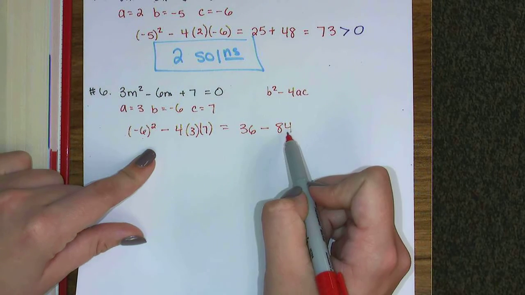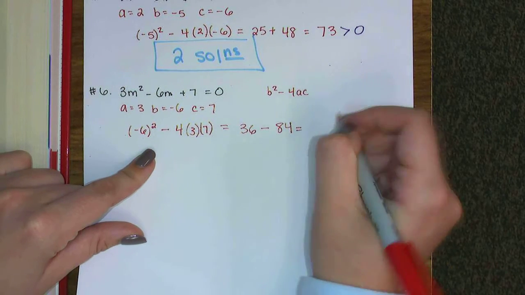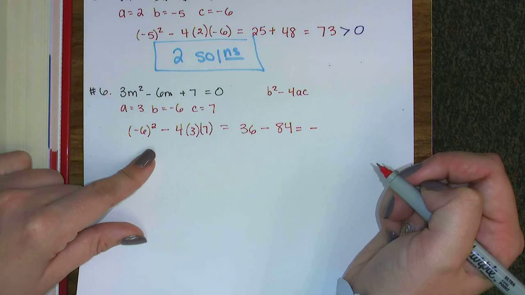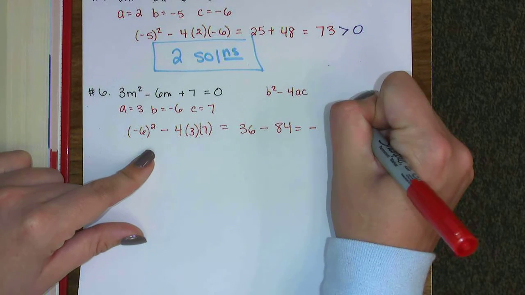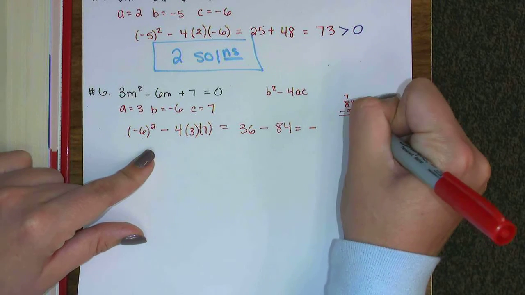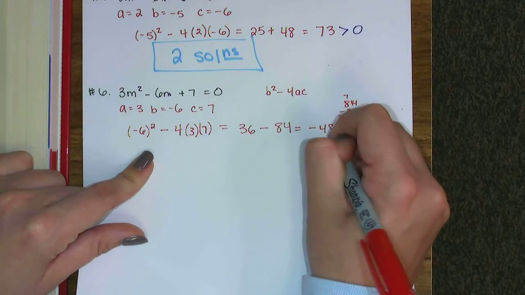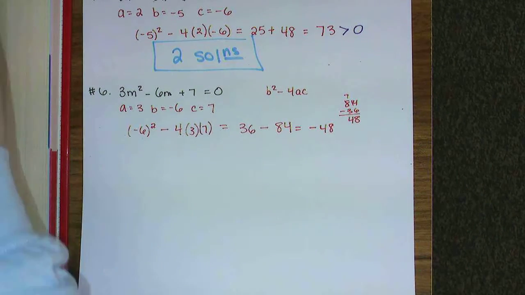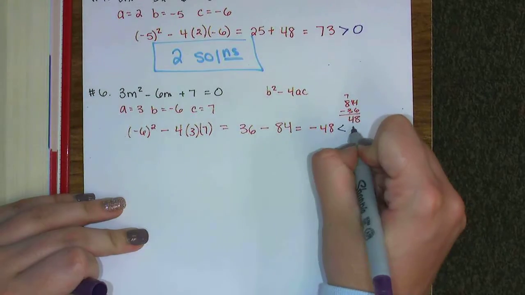36 minus 84. Ultimately, it doesn't really matter what this number is. I know it's going to be negative. So I can do 84 minus 36, and I know it's negative. That gives me negative 48. Negative 48 is less than 0.